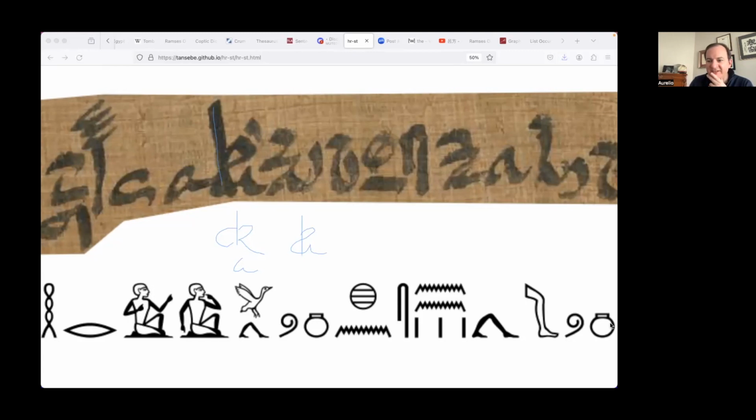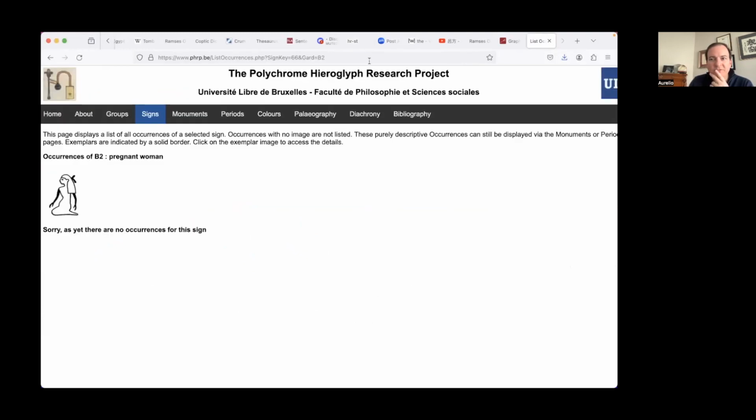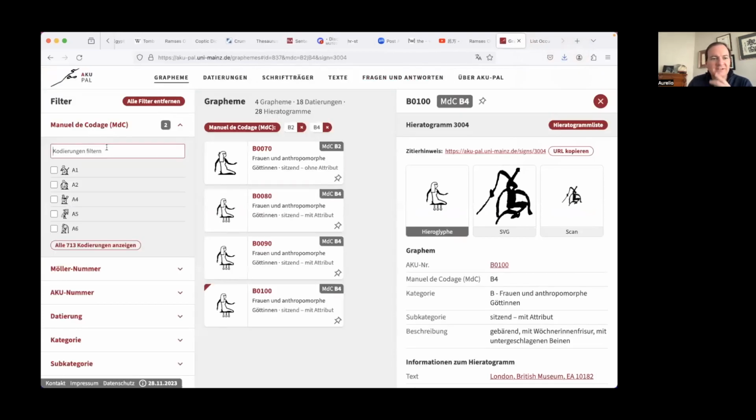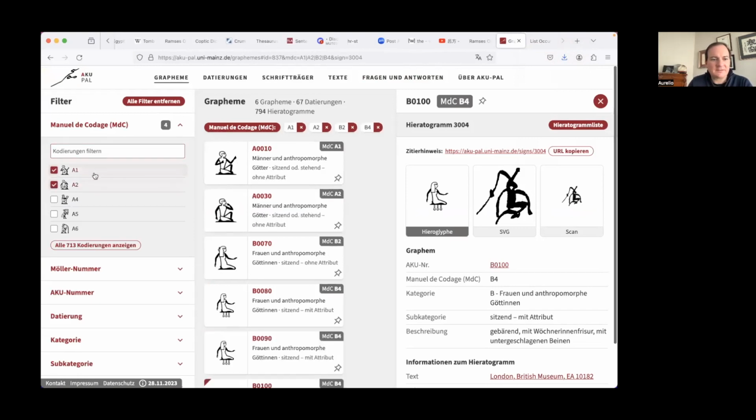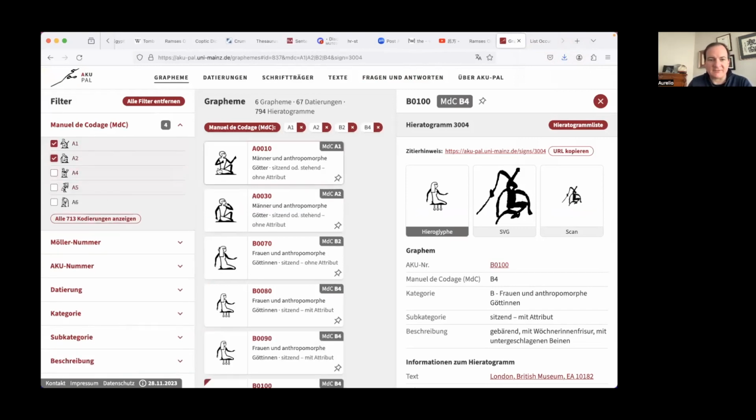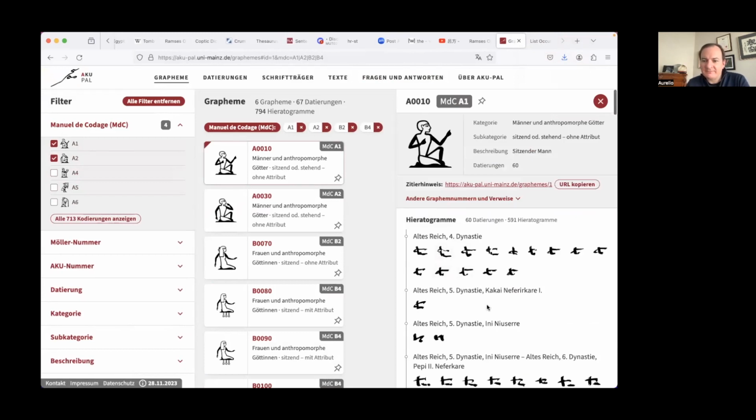Let's look at that in color. Nope, wrong one. Let's take a look at A1 versus A2. And clear all the others. No, never mind.